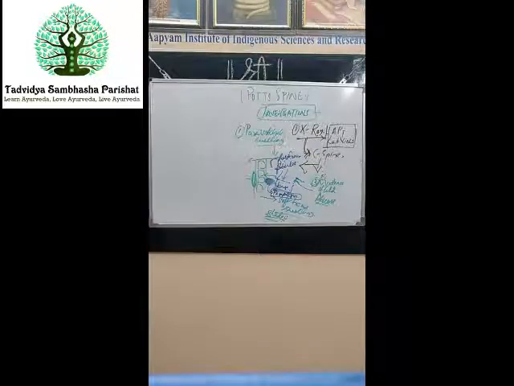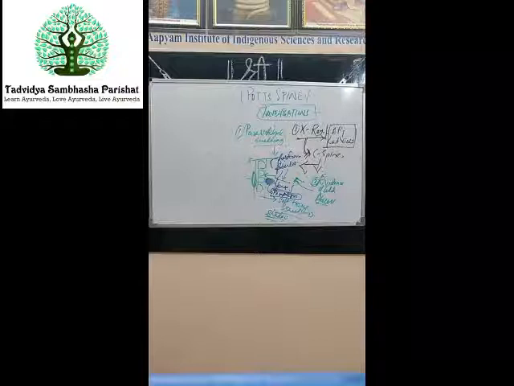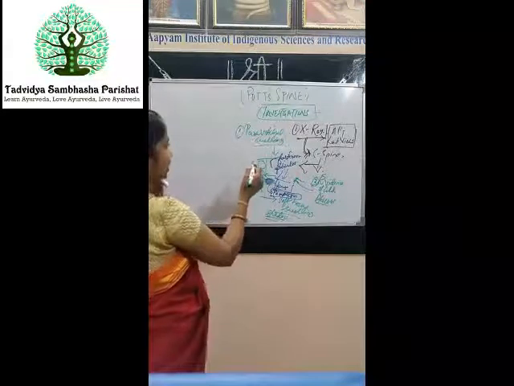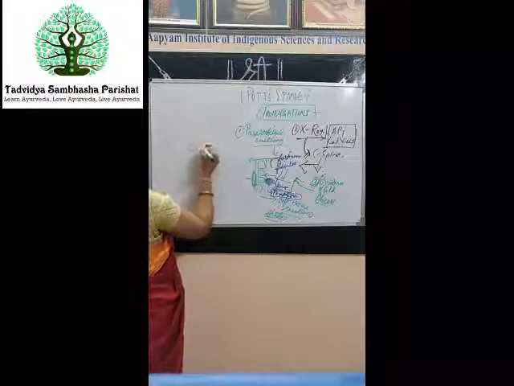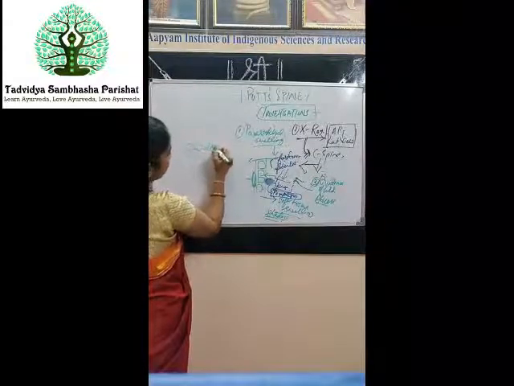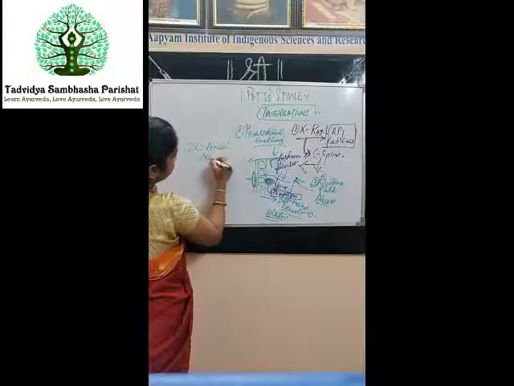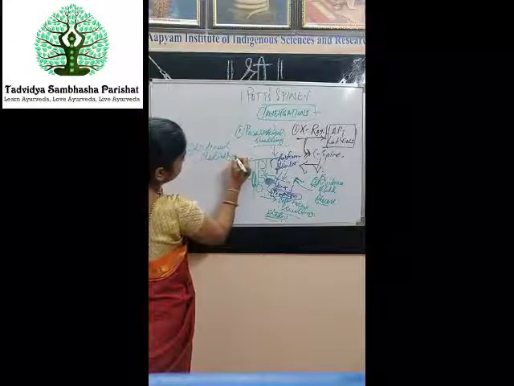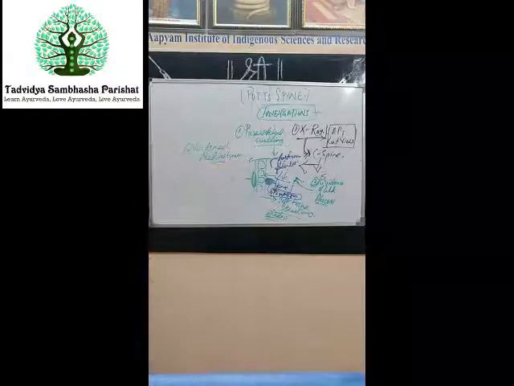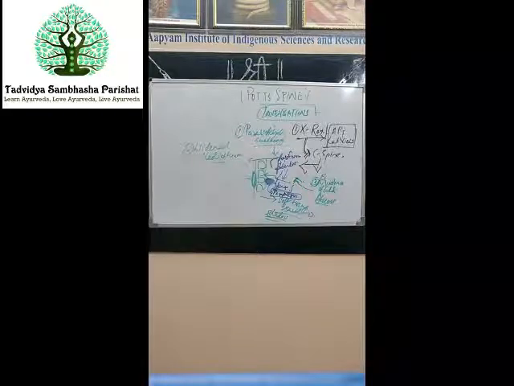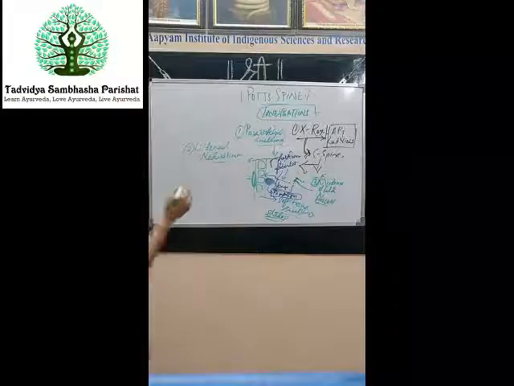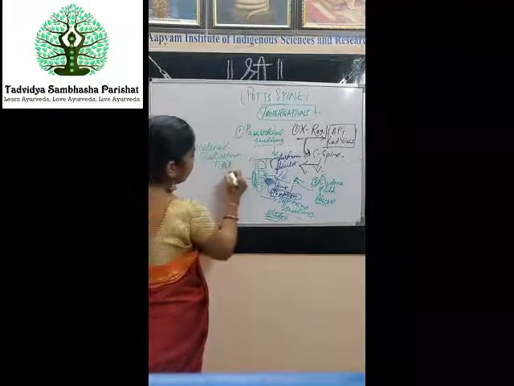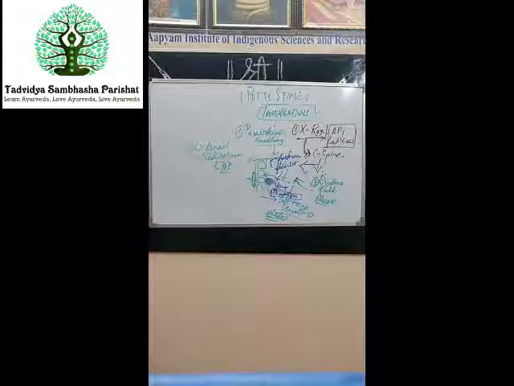Now the next thing we have to look for is the widened mediastinum. Here, what are we looking for? A widened mediastinum is assessed well in an AP view of an X-ray.